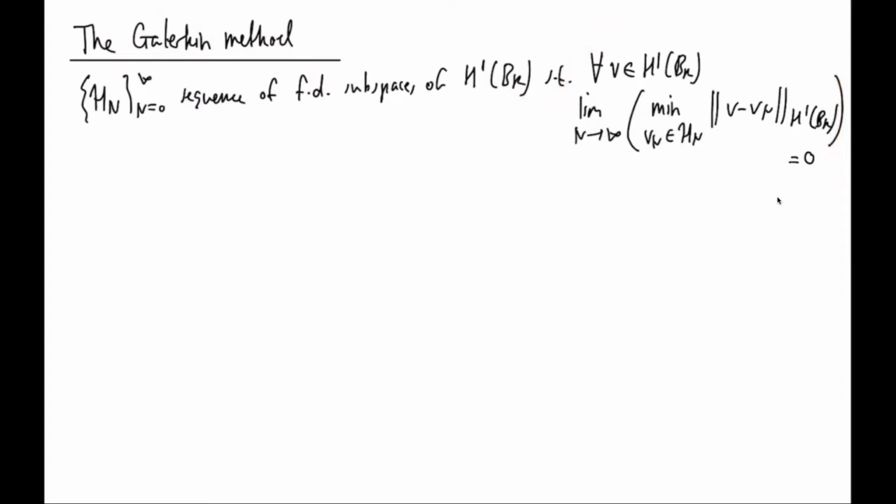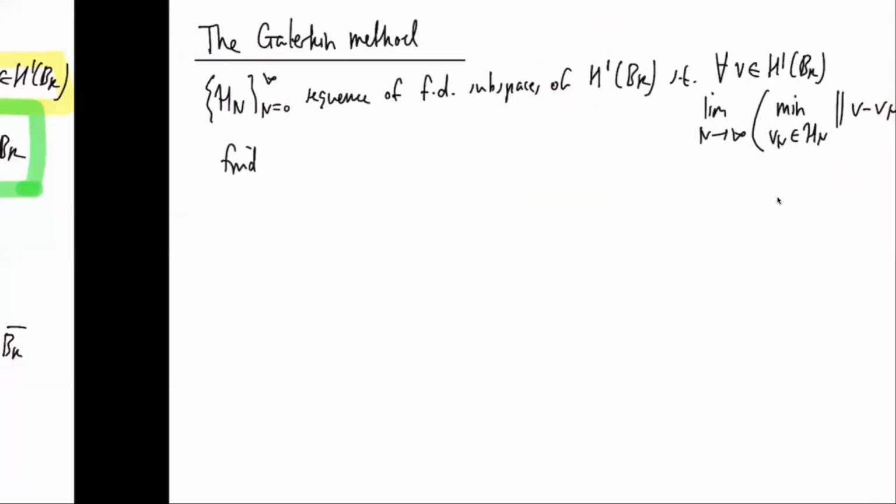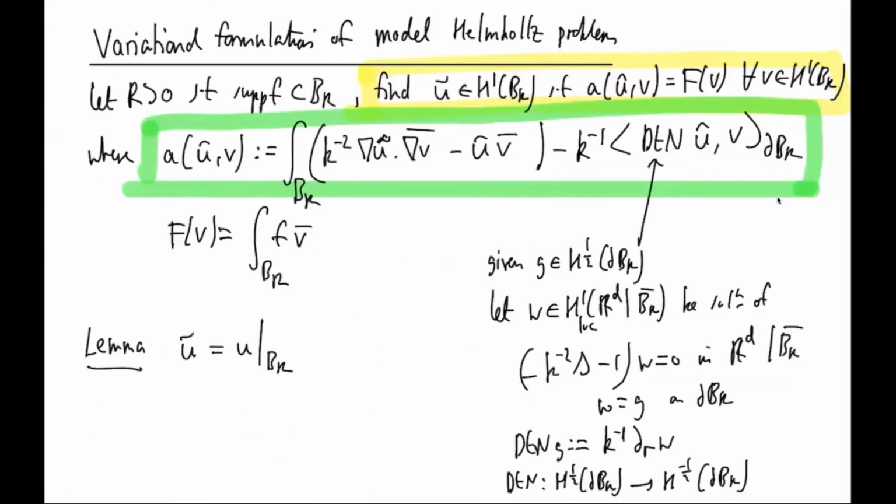Okay, and then the Galerkin method is, so I go back to this instruction in this yellow box here. Find a u tilde in H1(B_R) such that a(u tilde, v) is f(v) for all v in H1(B_R), and I just replace the Hilbert space by the finite dimensional subspace.